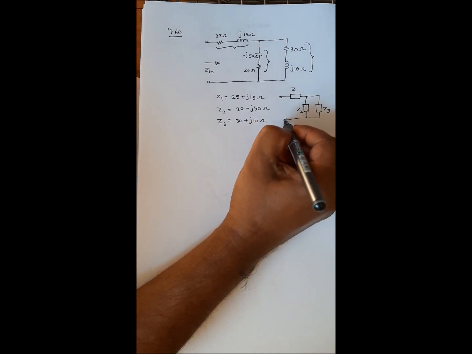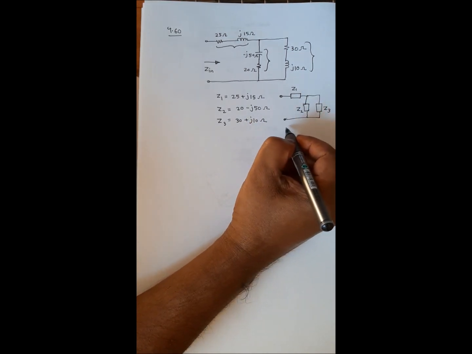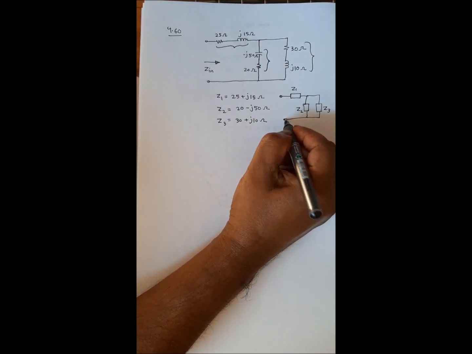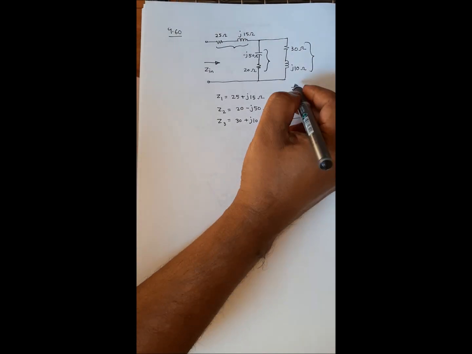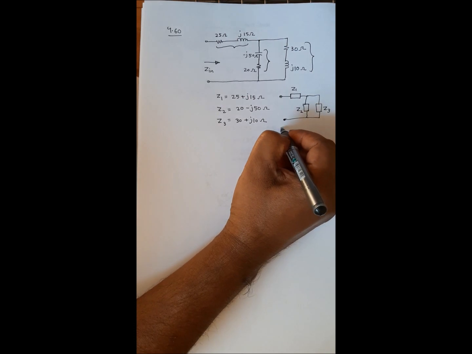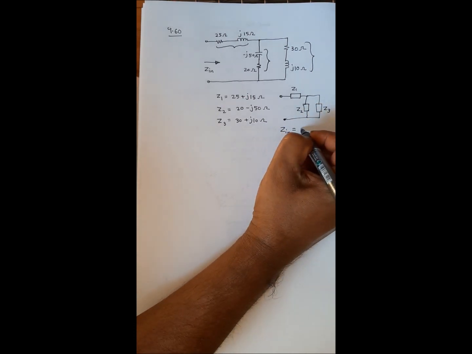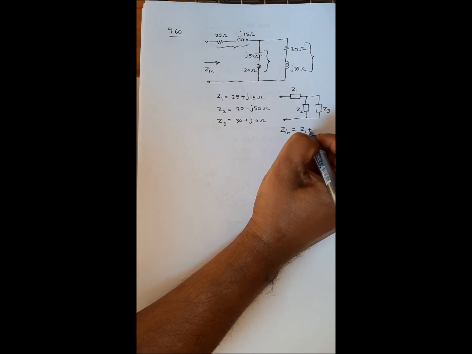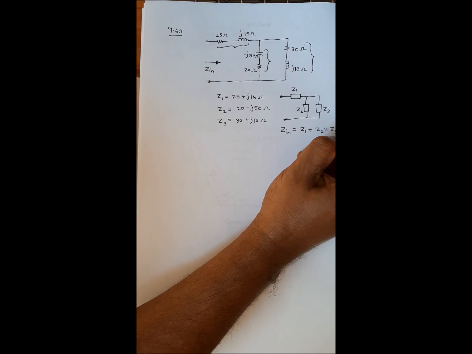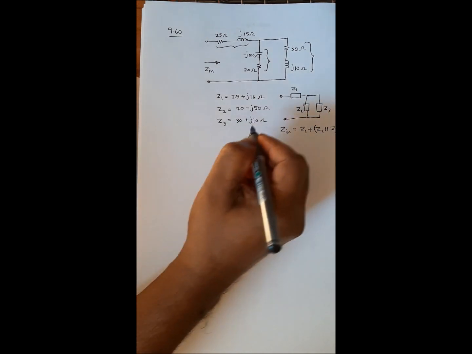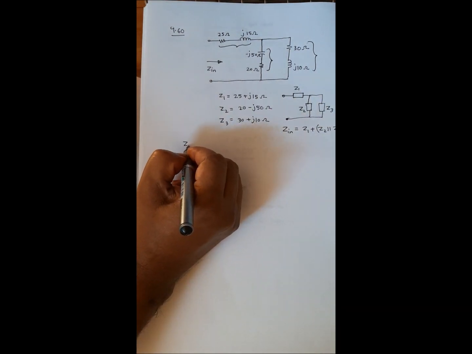From this simplified circuit you can clearly find that Z2 and Z3 are in parallel, and that is in series with Z1. So your Zin will be Z1 in series with Z2 and Z3 in parallel. Now I plug in these values here.